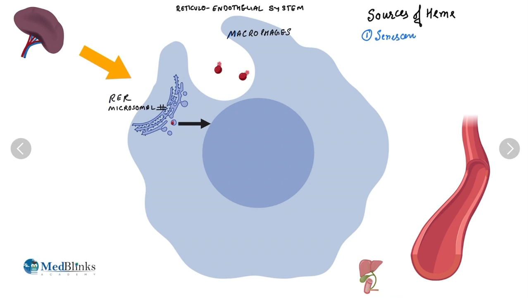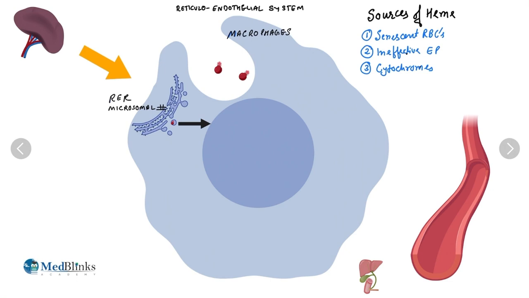The first source is senescent RBCs, which I have already stated, making up about 80% of heme generation. The second is ineffective erythropoiesis, and the third is some cytochromes, which also contain heme proteins that are broken down and converted into heme.